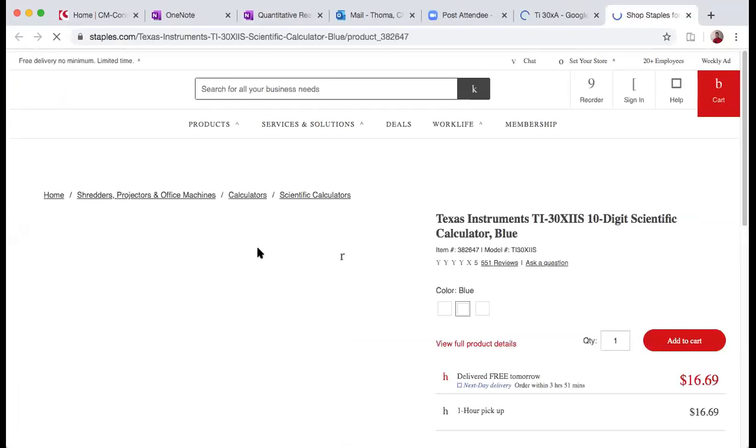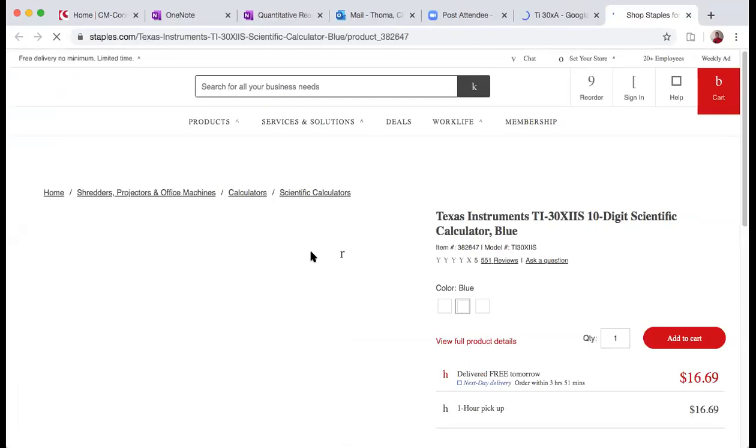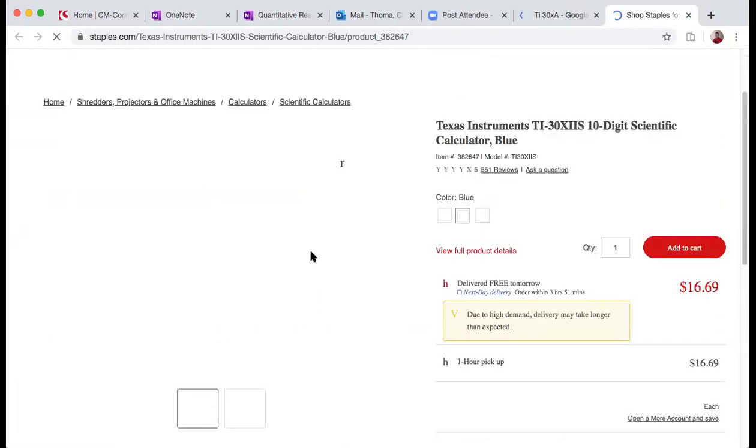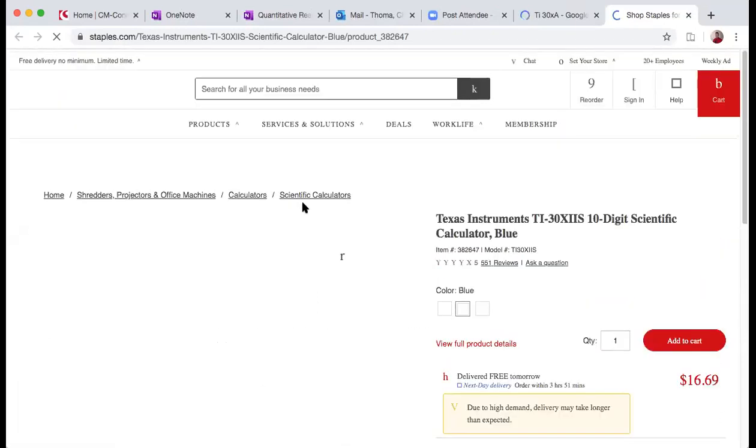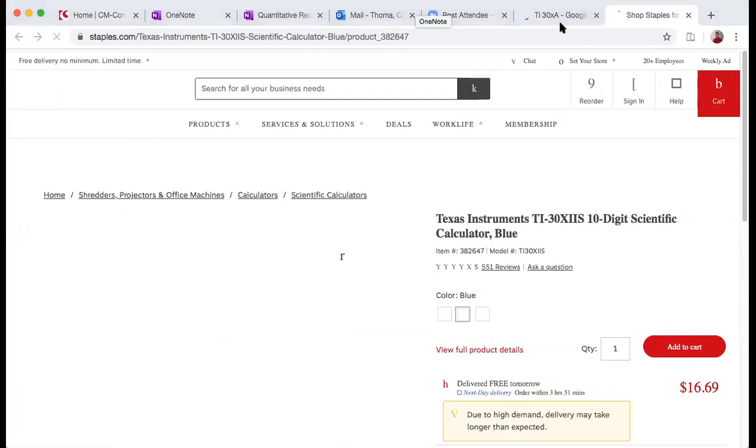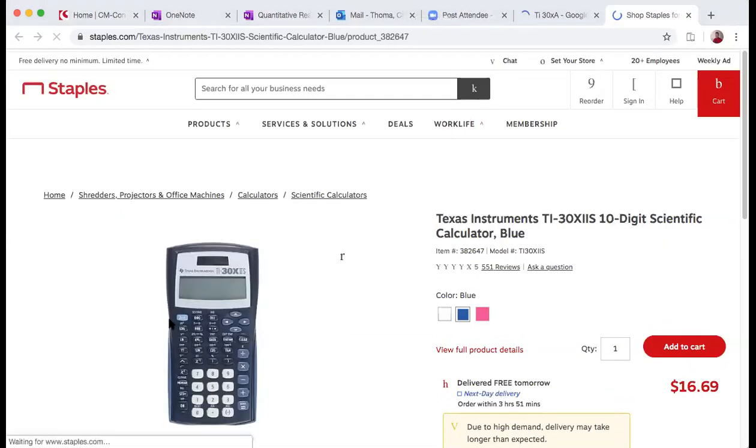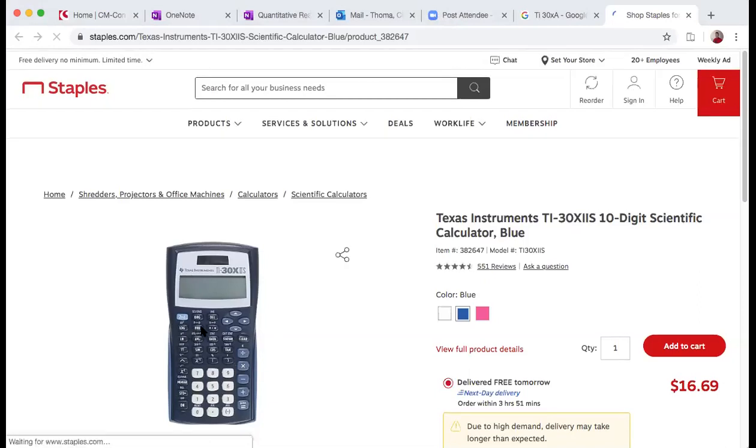All right, as soon as the image comes up. I don't want to go shopping. I just want a picture of the image, people. There he goes, finally.